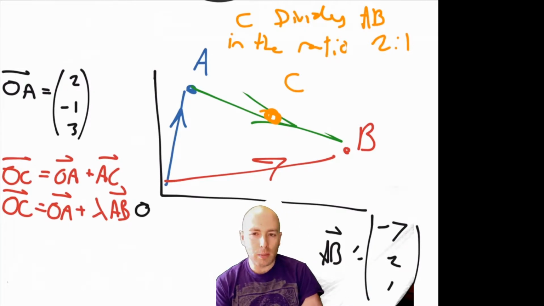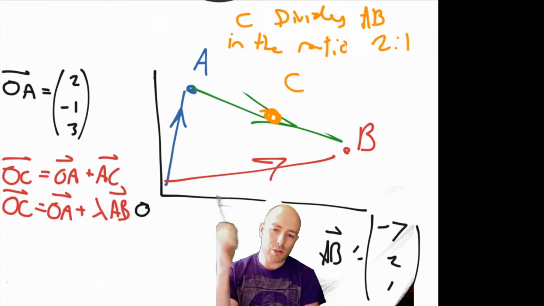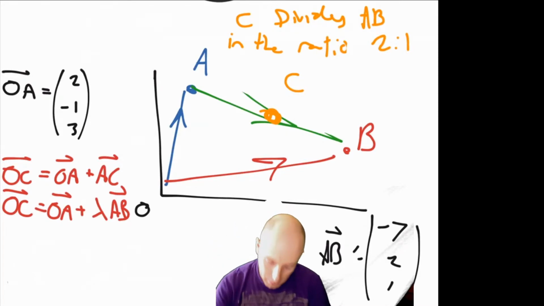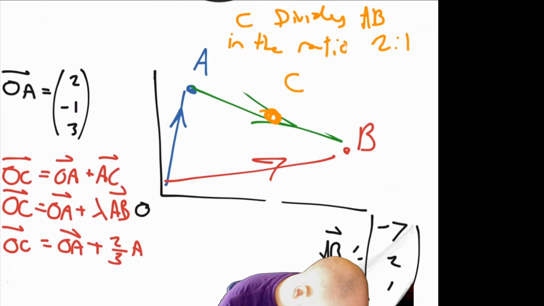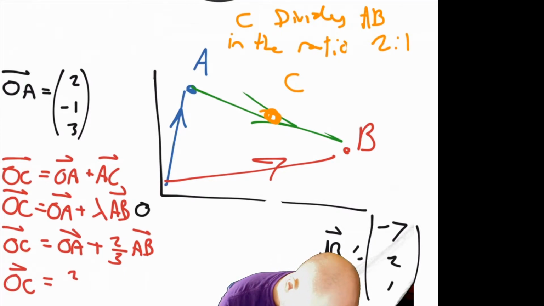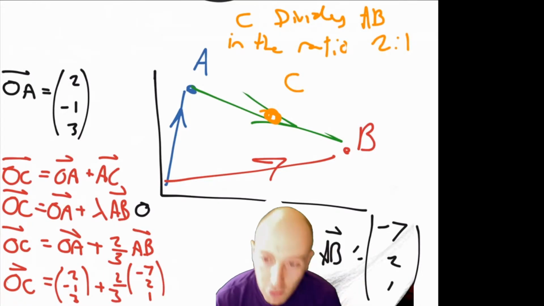We actually know what lambda is because C divides AB in the ratio 2:1. So A to C is 2/3 of A to B. So we can say OC is OA plus 2/3 AB. So OC is OA, (2, -1, 3), plus 2/3 of (-7, 2, 1). It's going to be horrible fractions for this one.